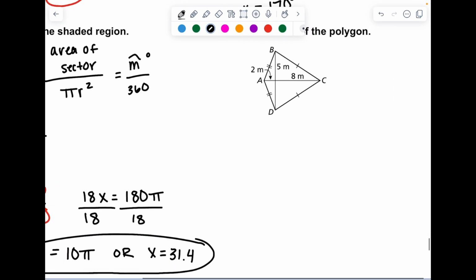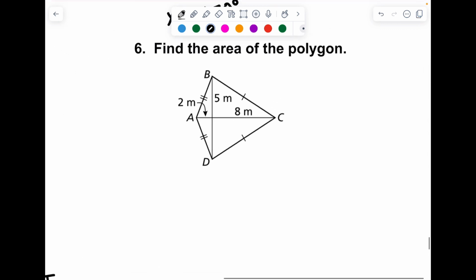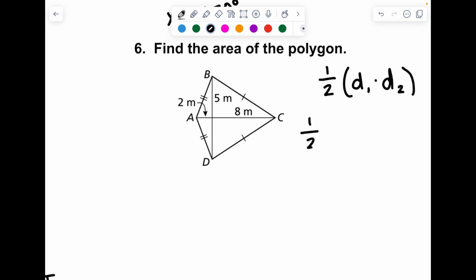Okay, number 6, we have a kite. And to find the area of a kite, your formula is 1/2 diagonal 1 times diagonal 2. So all we need is the length of our two diagonals. So we have 1/2. Let's find our first diagonal. Our first diagonal is 2 plus 8, which is 10.